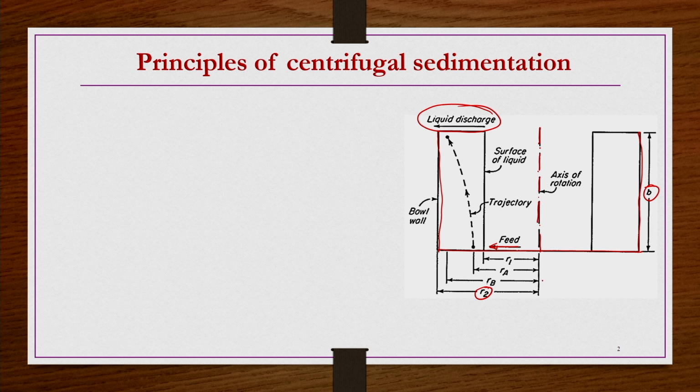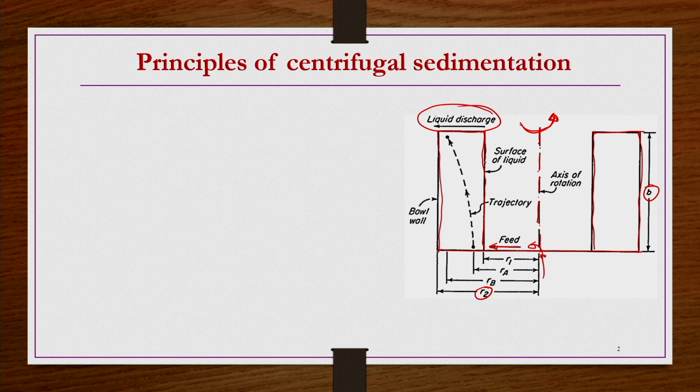Now, whatever feed is coming in also has particles. Those small, fine particles we are separating by applying centrifugal force. This bowl is rotating at a certain angular velocity. So, we take the feed and allow it to enter from the bottom, and then we rotate it, so that we can see the clear liquid surface.